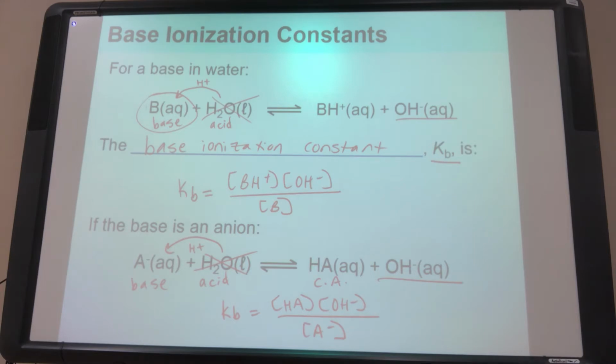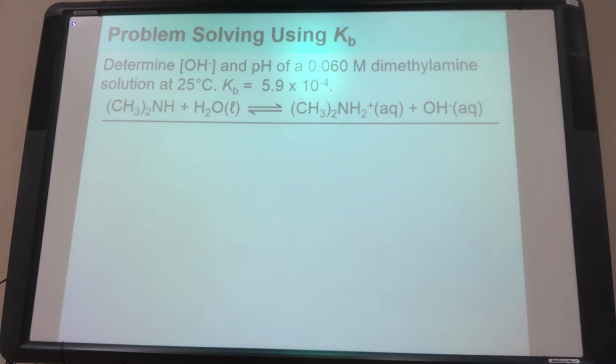All right, so we already talked about pOH and how to solve pOH if it's a strong base, etc. So now let's talk about how to determine the OH- and the pH when it might not be. So let's look at this problem. It says determine OH- and pH of a 0.06 dimethylamine solution at 25 degrees Celsius.